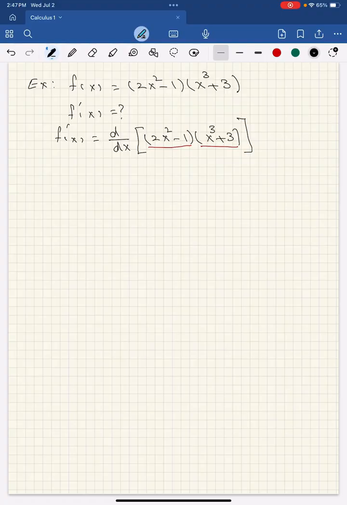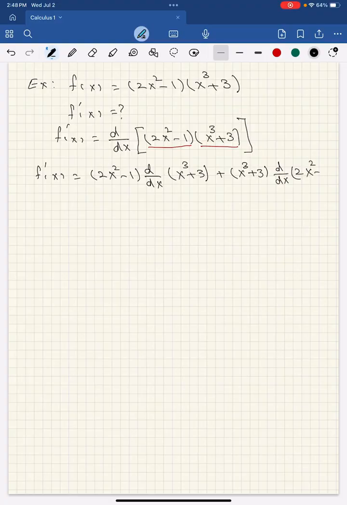Easily you can apply the product rule. F prime of x equals the derivative of the first function, which is 2x squared minus 1, d dx of the second function, which is x cubed plus 3, plus your second function x cubed plus 3 d dx of first function 2x squared minus 1.